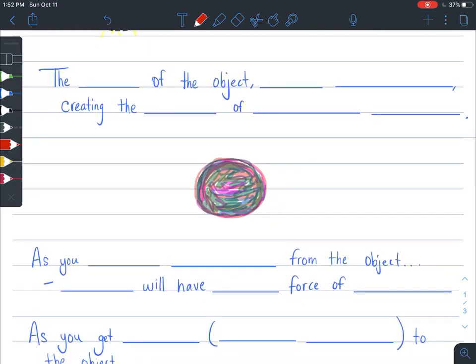All right. So let's summarize that and say that the mass of the object warps that thing that we called space-time, creating the force of gravitational attraction.